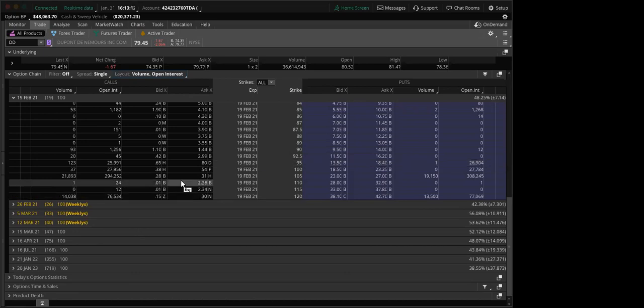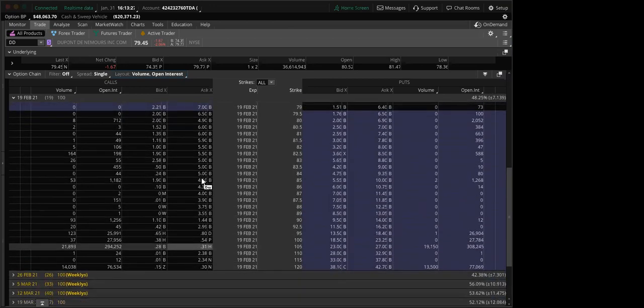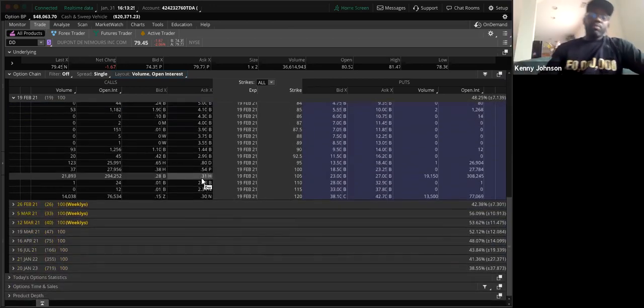But with this call right here, looking at the scanner, this particular strike price popped up because it met the criteria. And like I said, 31 cents, if it could go to $1, you done made you a quick 200% on your money. You know what I'm saying?